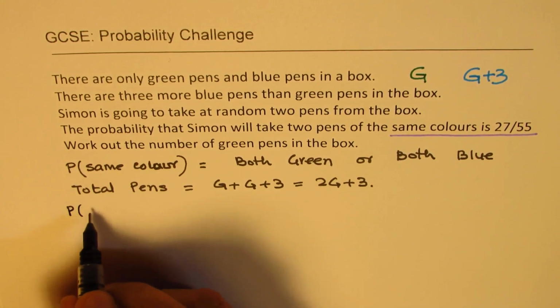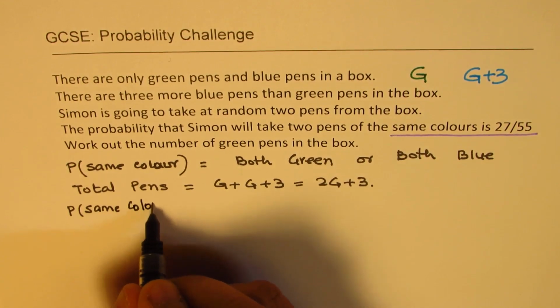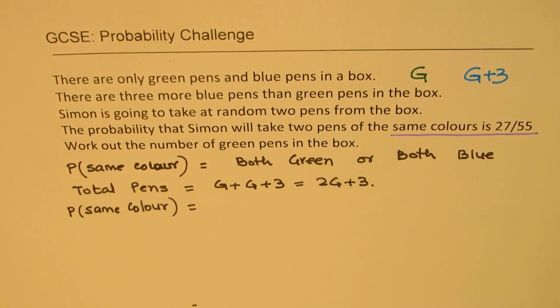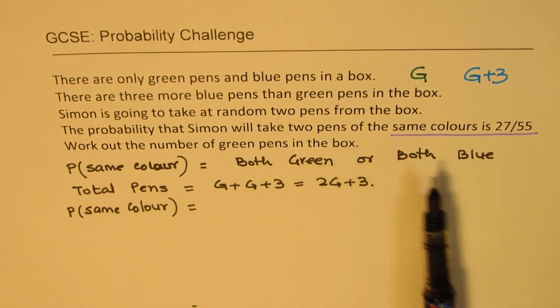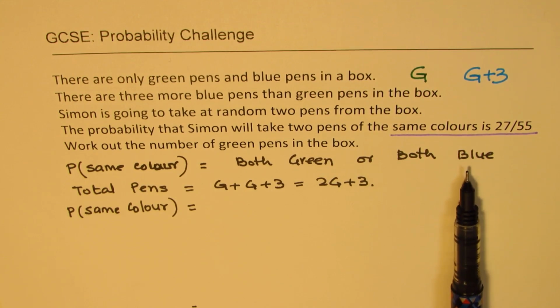So probability for same color will be: when you say both green, that means first is green and second is also green, correct? When we say both blue, means first is blue and the second one is also blue, correct?